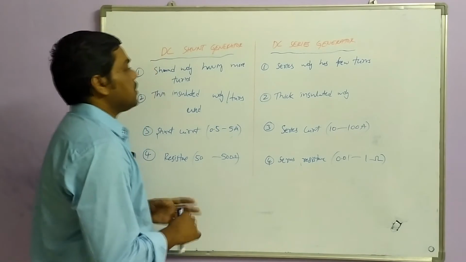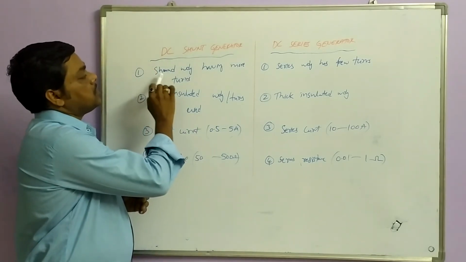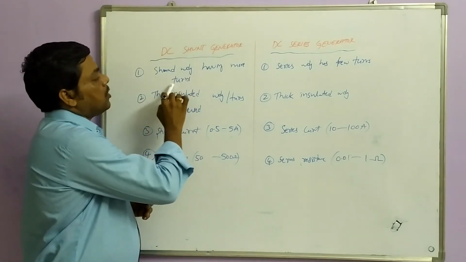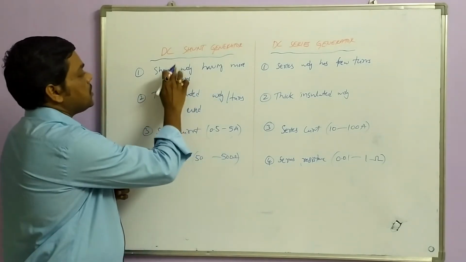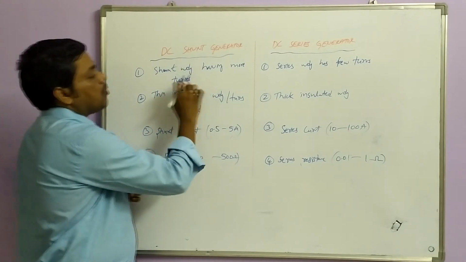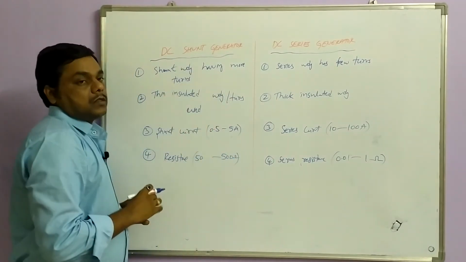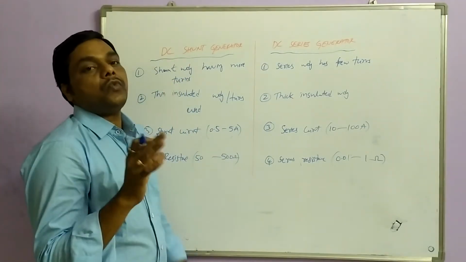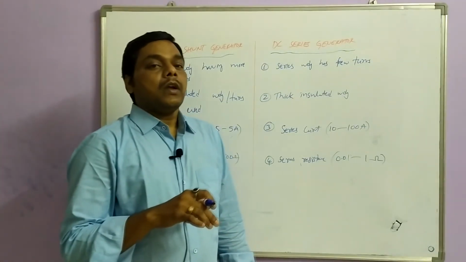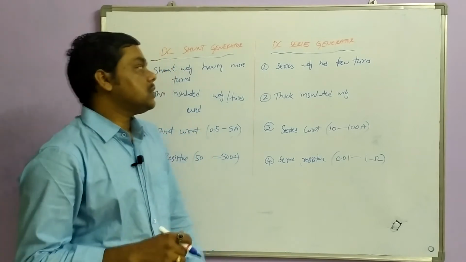So you can see here the first point is that the shunt winding has more number of turns, whereas the series winding has only few turns. Now what is the reason for this?